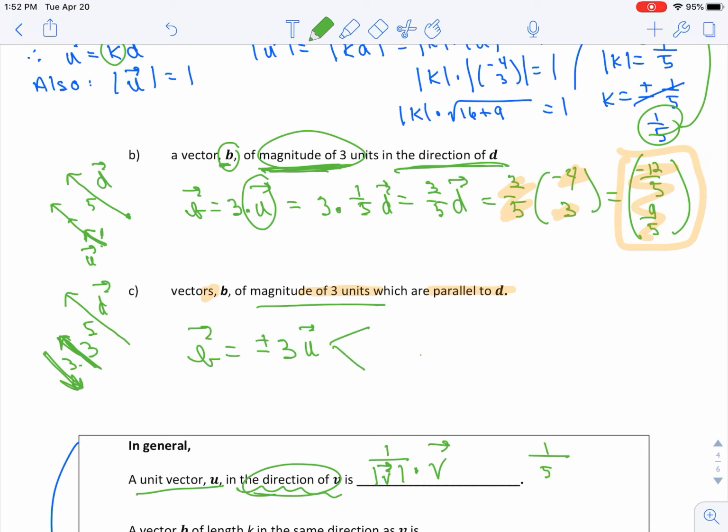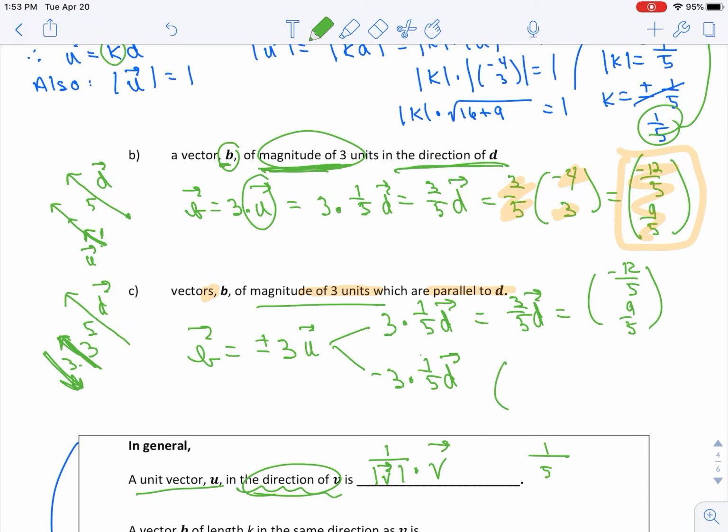Okay, so now this is going to be 3 times U, and U, remember, was 1/5 of D, and then this would be negative 3 times U, which is 1/5 of D. So this is going to turn out to be 3/5 D, which we just did a moment ago, so that gave us negative 12/5, 9/5.